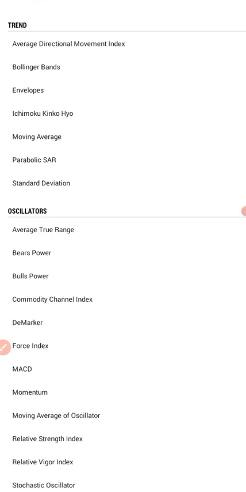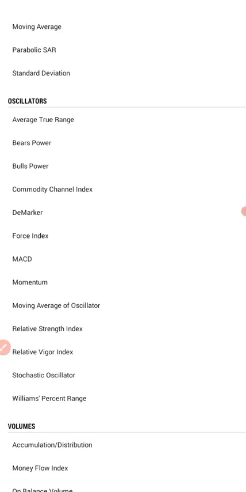Only use those. Then in oscillators, we have the average true range, bear power, bull power, commodity channel index, DeMarker, force index, MACD, which is moving average convergence divergence. We have the momentum, the moving average of oscillator, relative strength index, relative vigor index, and the stochastic oscillator and Williams percentage range.